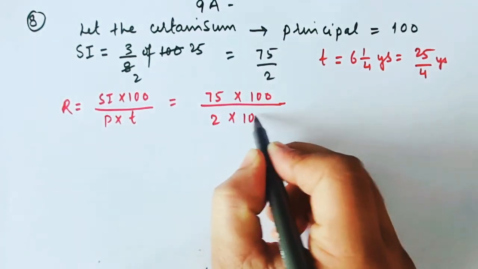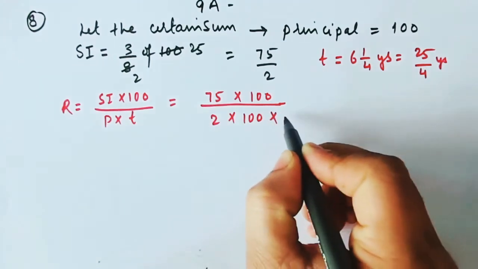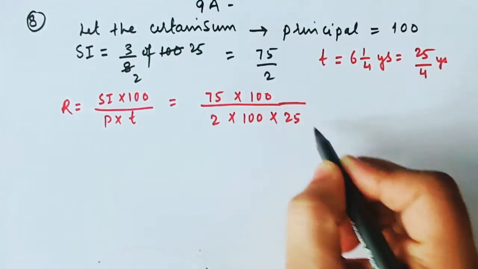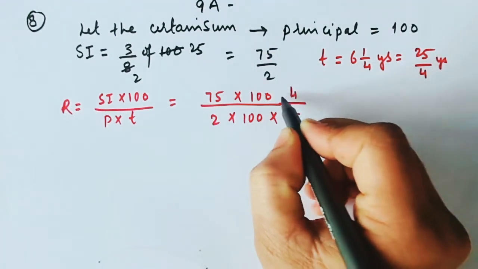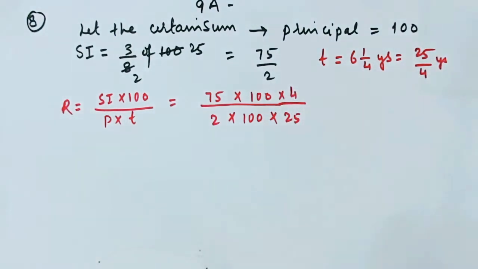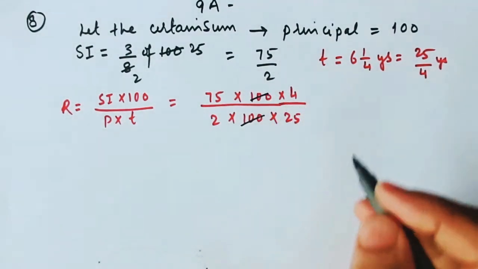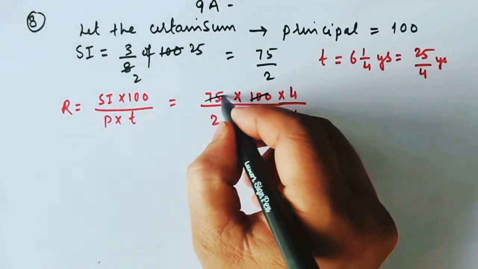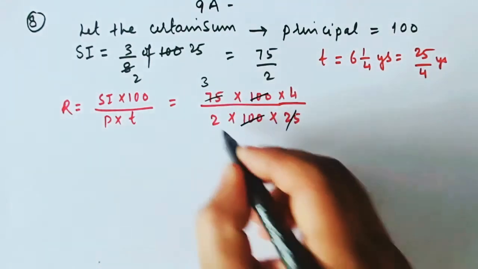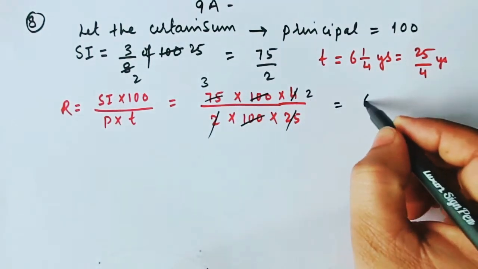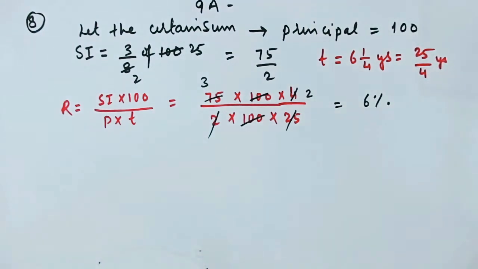Principal is equal to 100 and time is equal to 25 divided by 4. This 4 will go up. See how beautifully we have placed the numbers. 25 3s are 75. 2 how many times? 2 2 times. So 3 2 times, 6%. Is there anything left? Nothing.